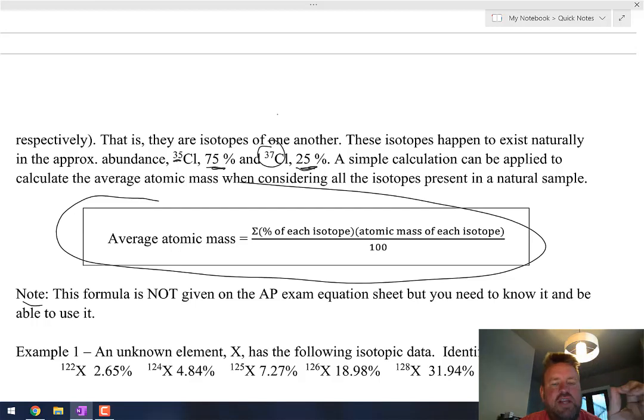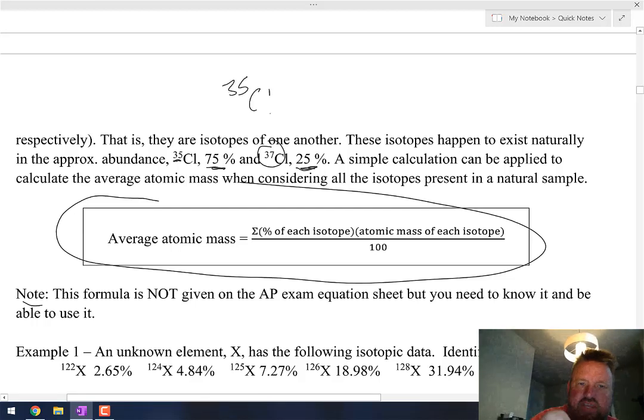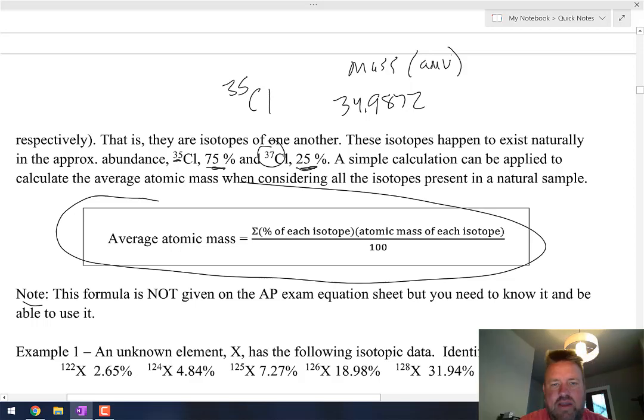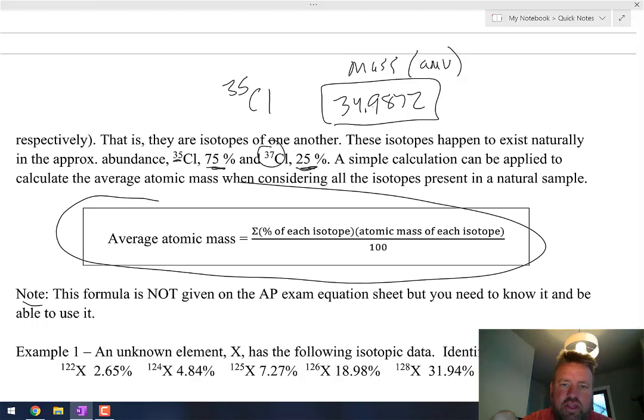But if you're trying to decide which mass to use, do I use the 35 from the chlorine, because they might say 35 Cl and then mass 34.9872, measured in atomic mass units, AMUs, which one would you use? Absolutely, you would use this one. If they don't, then you use 35. Clearly 34.9872 is very close to it anyway.